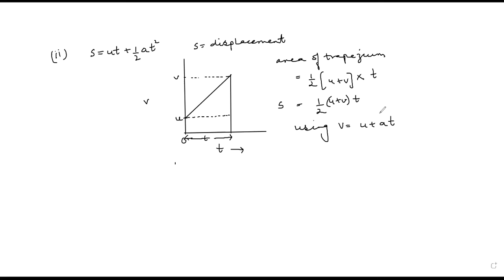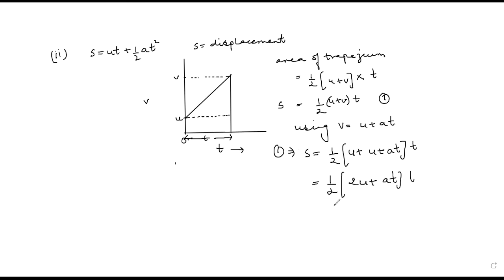If we substitute it here in equation number 1, it would imply that s is equal to half, this was u, I'm substituting for v, so (u + at), and t is already outside. Simplifying this, this is (2u + at) and this is t.